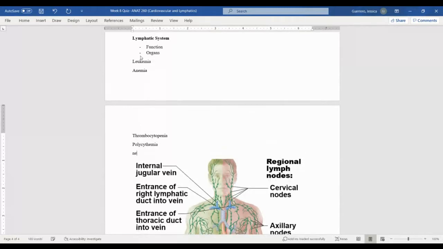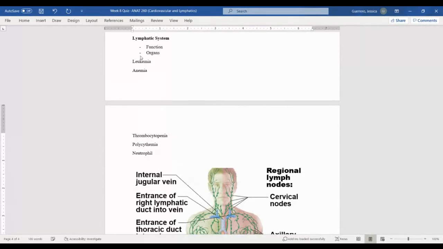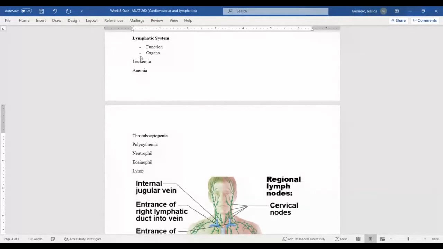You need to know what a neutrophil is. Eosinophil, I think I'm spelling it wrong. Lymphocyte. And there are two types of lymphocytes, so make sure you can distinguish those.